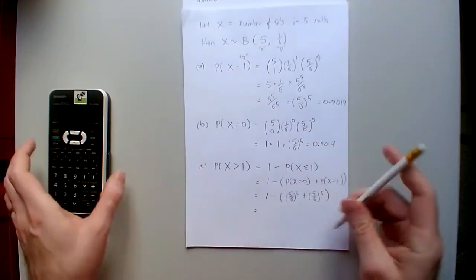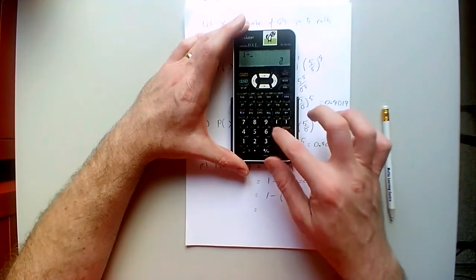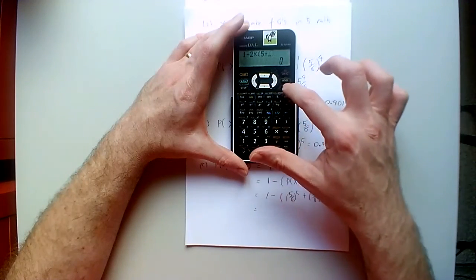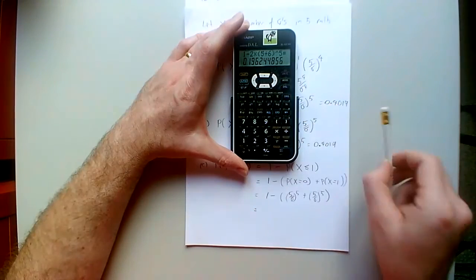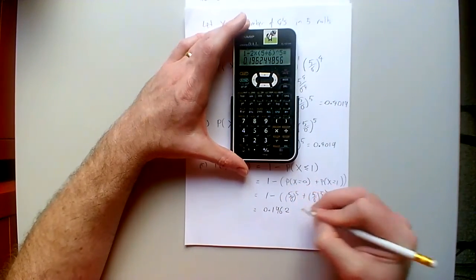Okay, so if I just put in my calculator 1 minus 2 lots of 5/6 to the power of 5, I get 0.1962.